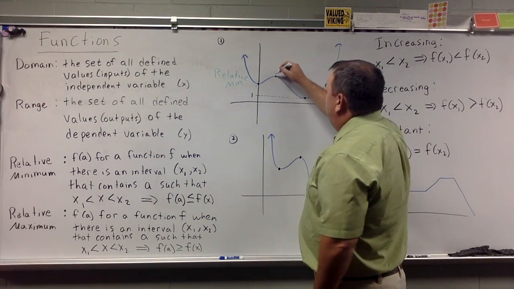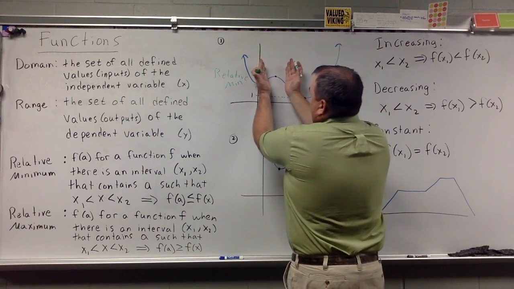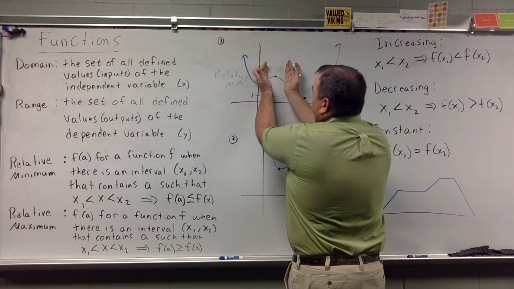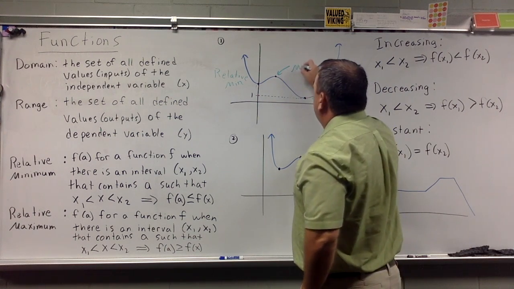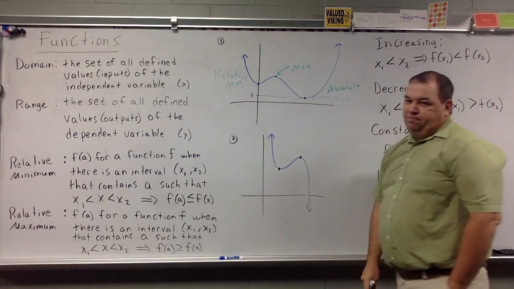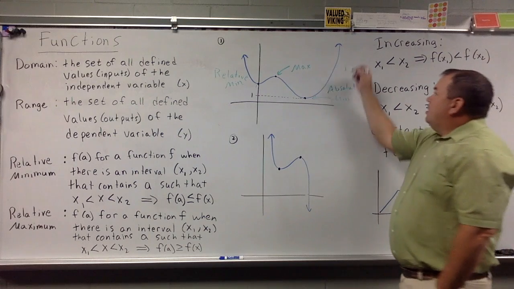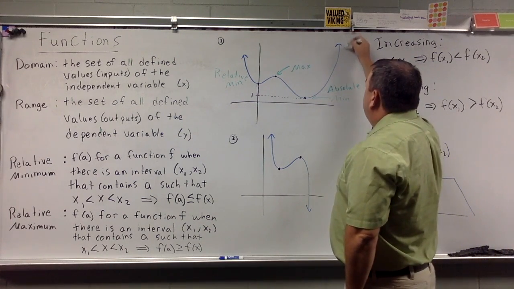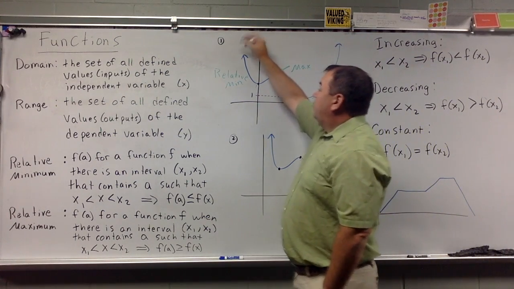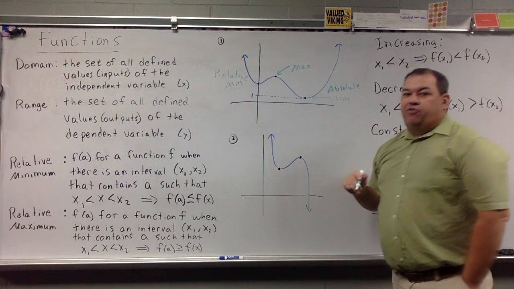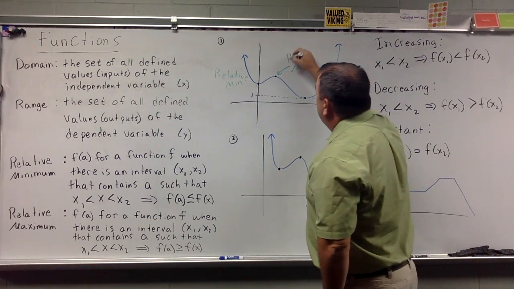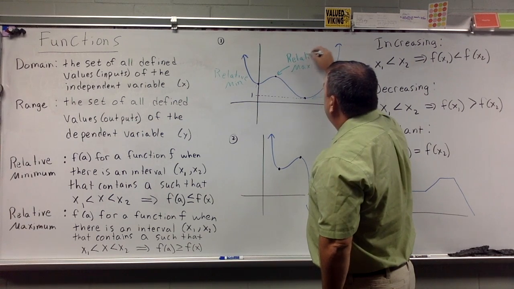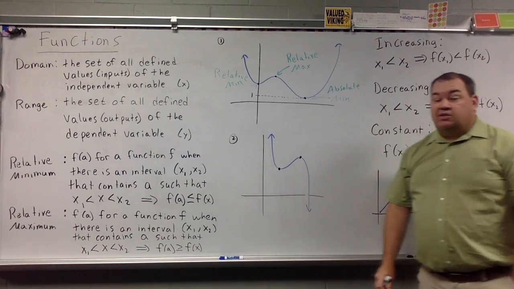This point up here, again, if we look at just what's going on in his neighborhood, relative to all the people around him, this is a peak, or a maximum. You'll notice that this function continues on forever and ever up on both ends, so we're never going to get to an absolute maximum, but for our purposes, this is a relative maximum.